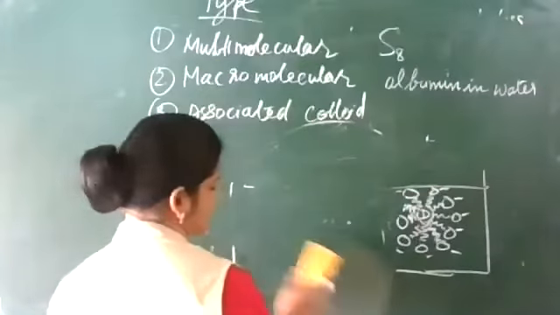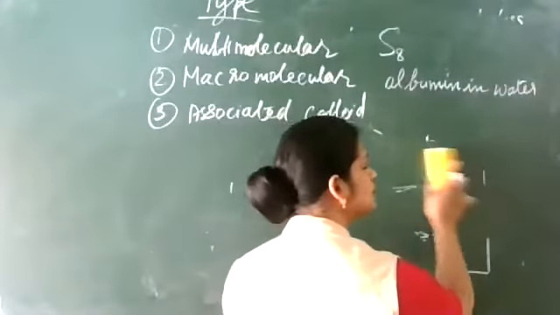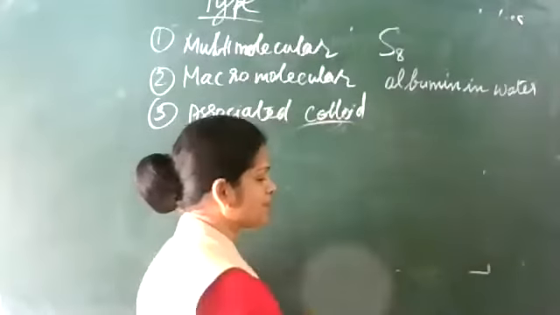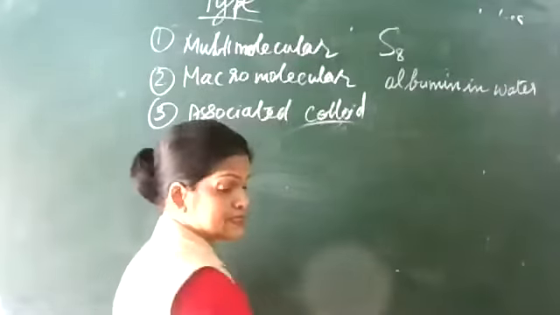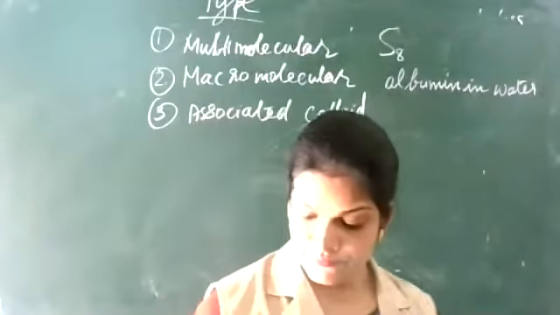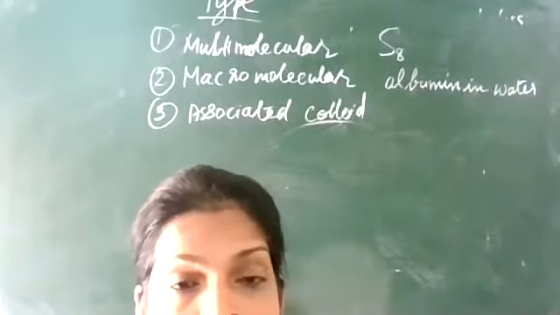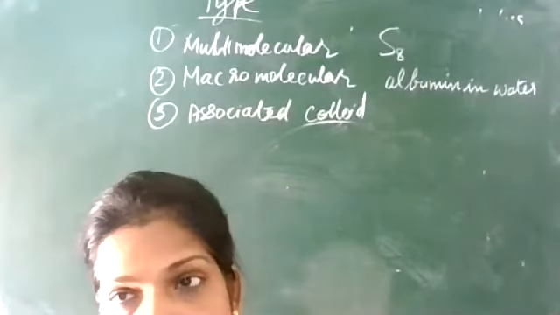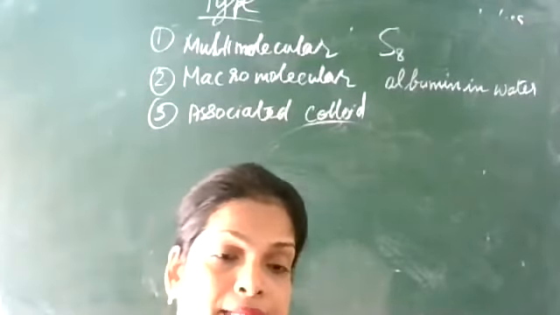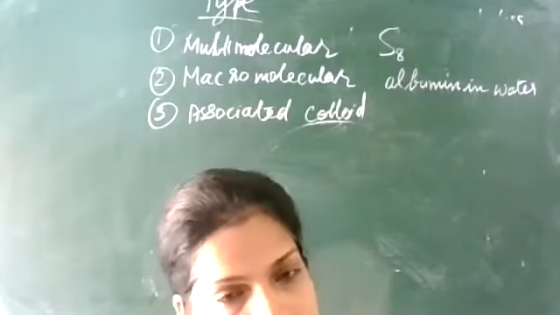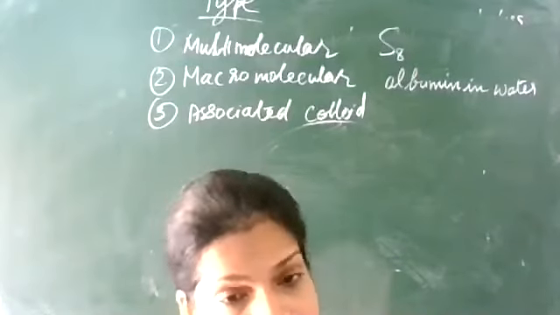So these substances at lower concentration act as electrolytes, but at higher concentration they behave as cleansing agents. Some substances at lower concentration behave as electrolytes, but at higher concentration they exhibit colloidal properties. Such colloids are called associated colloids.